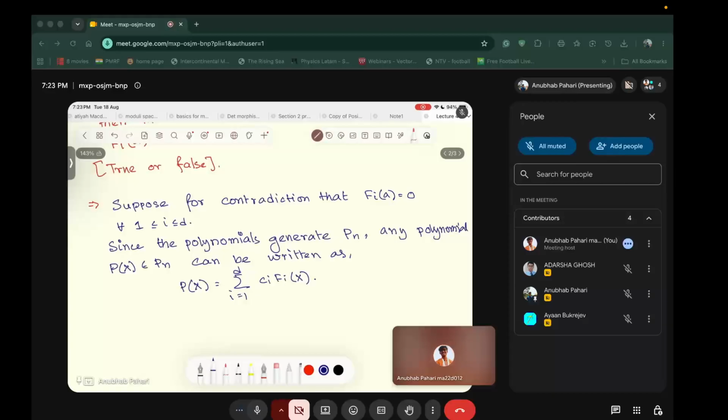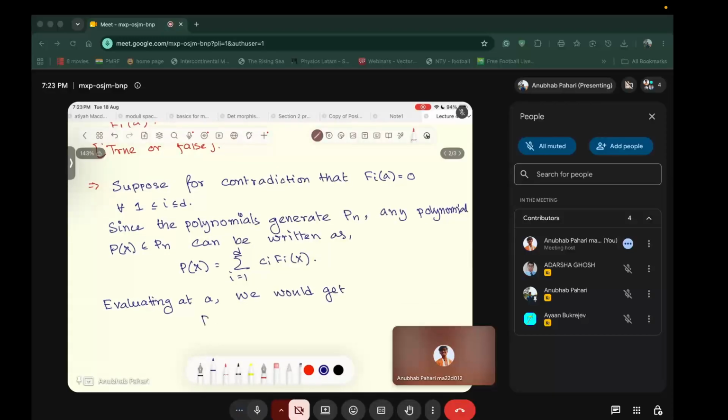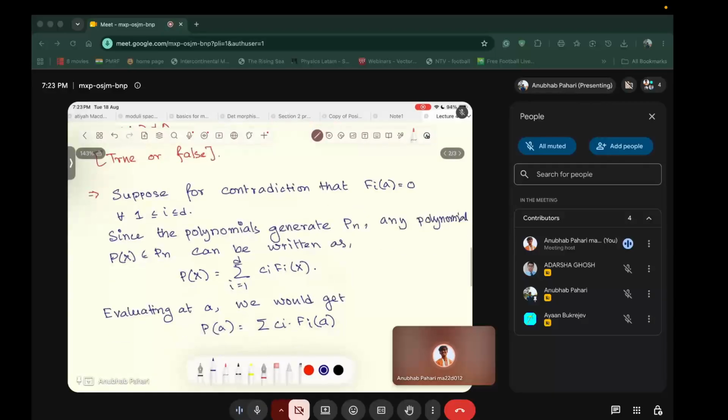Now, evaluating at A, we would get P(A) equals the sum of c_i phi_i(A). But you already assumed that phi_i(A) equals 0 for all i, so the sum will be 0 too.